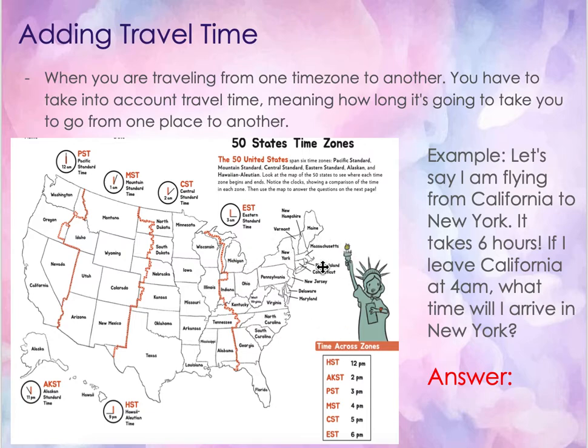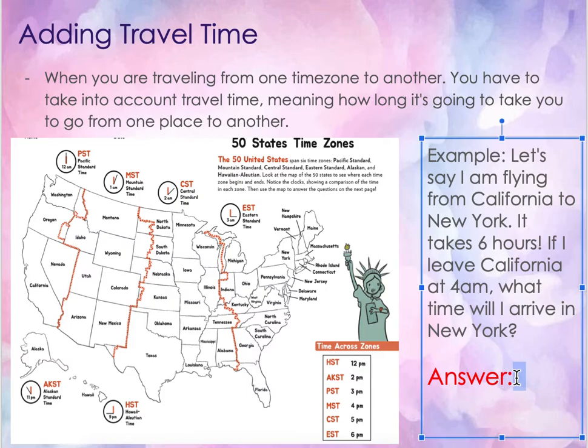So it's 7 a.m. here. Now I add 6 hours. So if I add 6 hours, it would be 8 a.m., 9 a.m., 10 a.m., 11 a.m., 12 p.m., 1 p.m., 2 p.m. So I would arrive in New York at 2 p.m.